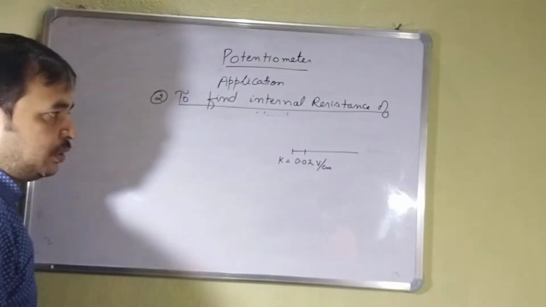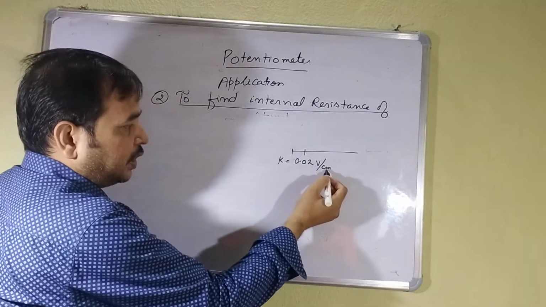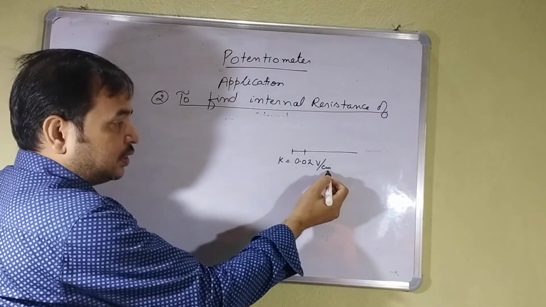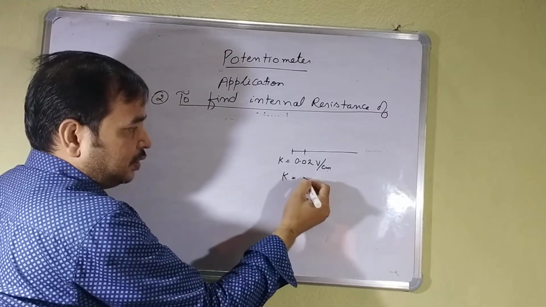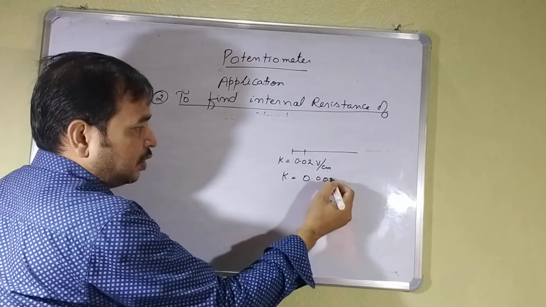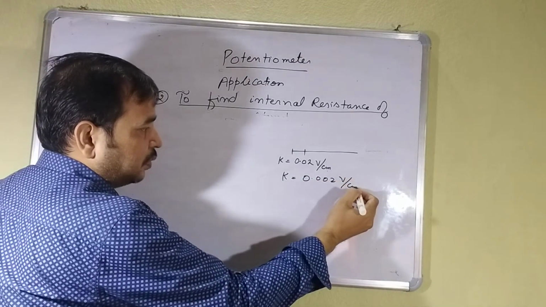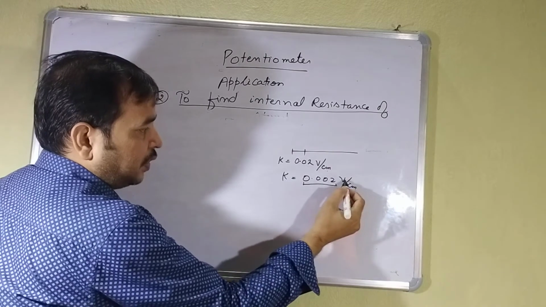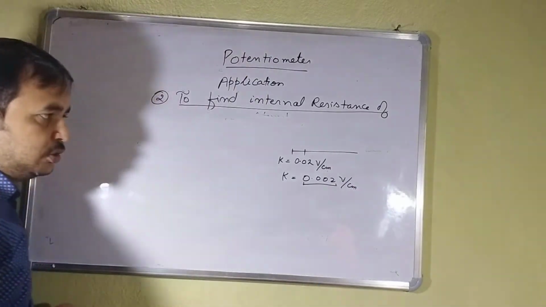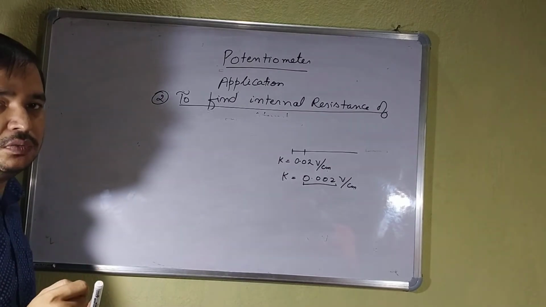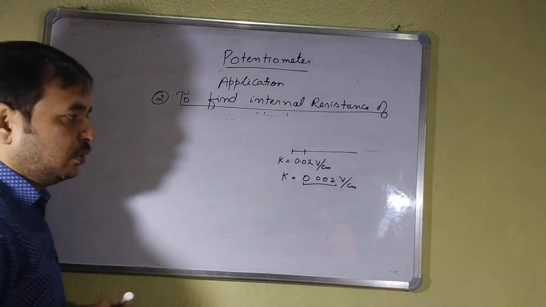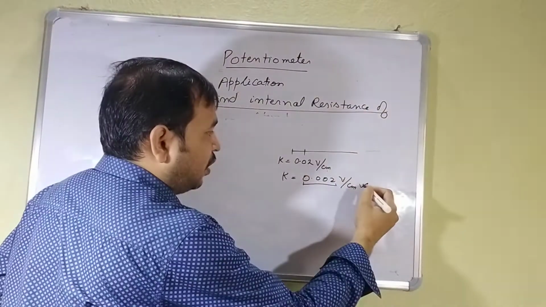I have one potentiometer which can measure this much voltage in unit centimeter. And I have a second potentiometer which can measure this much potential difference in unit length. So you can easily tell which is more accurate, which is more sensitive.